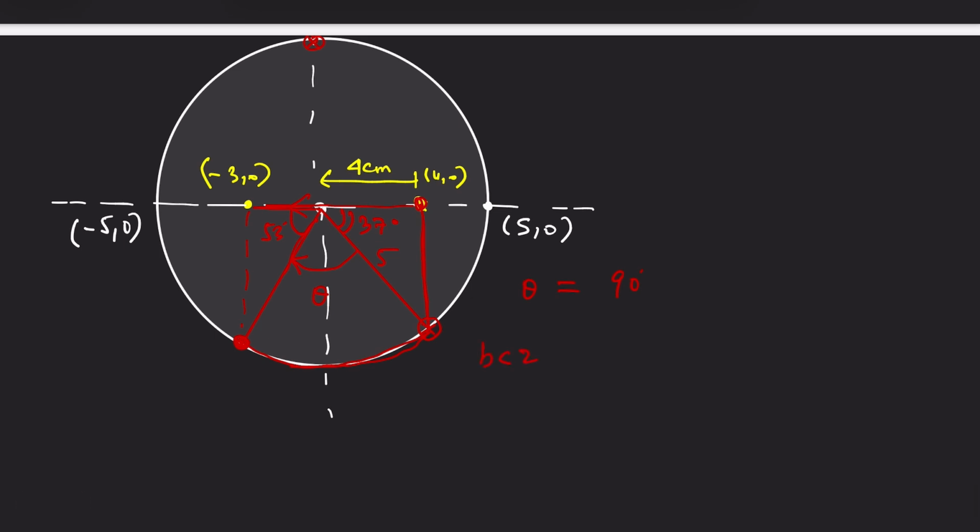To cover 360 degree, it takes 2 seconds. So to cover 90 degree, it takes 0.5 seconds. Isn't it obvious?